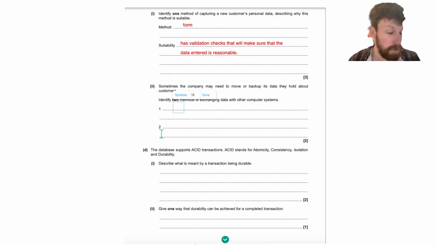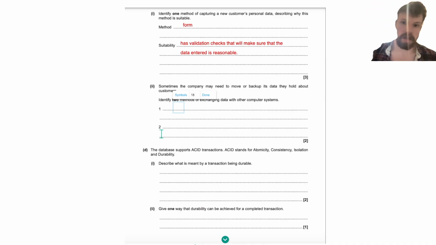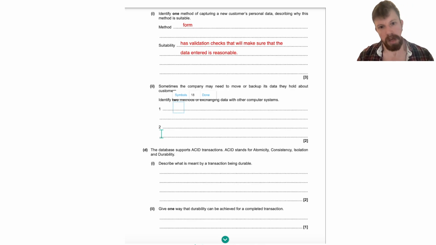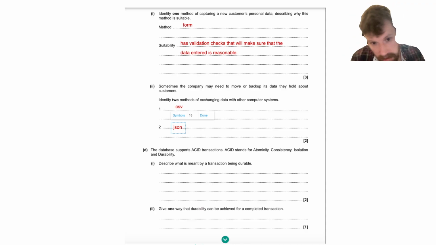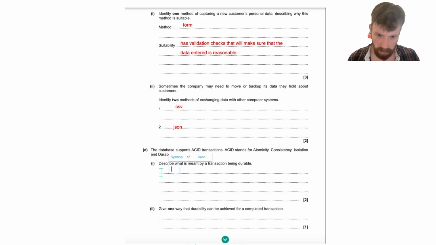It's essentially looking at files that you could transport the data with. So the 2 files you've got are CSV, then you've got JSON. There are lots of different ones, XML is another one. But not an easy question, that one. Now you know the answer, it sounds easy, but it's not that obvious.